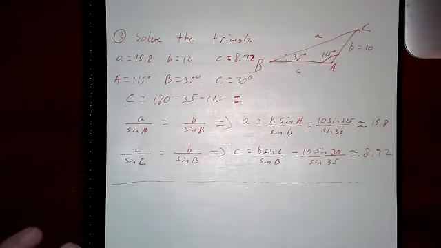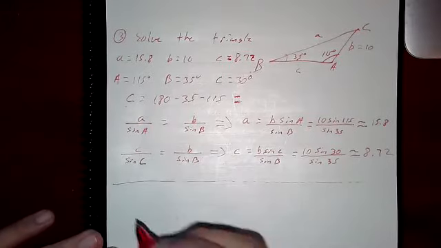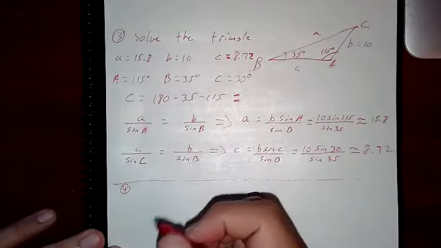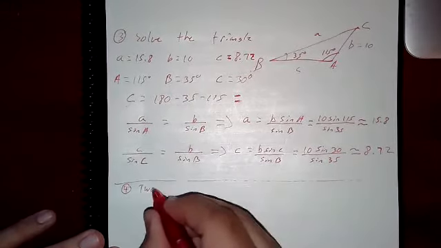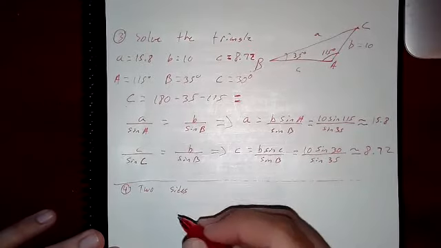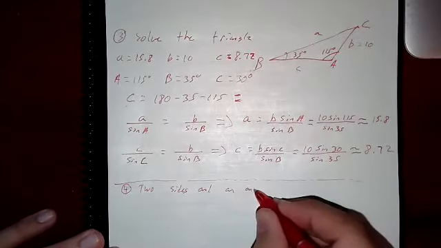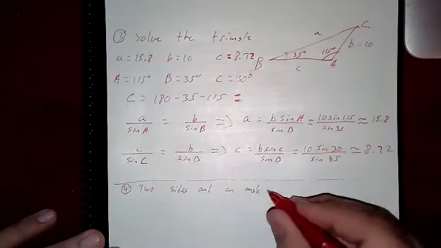Okay, number 4. So this time they don't give you a triangle. Two sides and an angle are given.